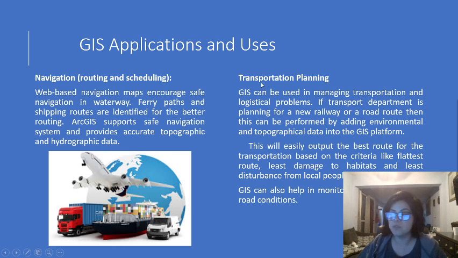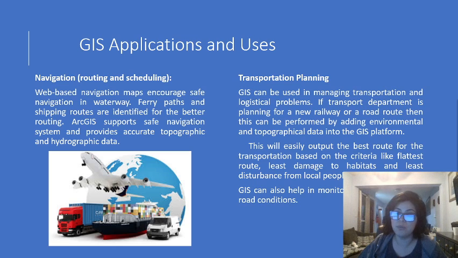And for the transportation planning, the GIS can be used for managing transportation and logistical problems. The transport department can use the GIS systems to plan, for example, a new railway or a new route, so the trucks or the trains are safer.